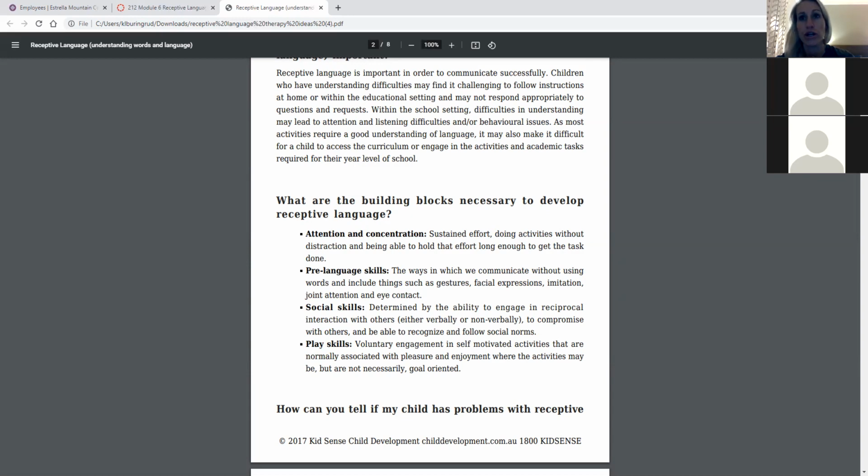So poor attention oftentimes results in poor language abilities, maybe poor pragmatic language, poor semantic language, functional use of language. So attention is critical to build receptive language.